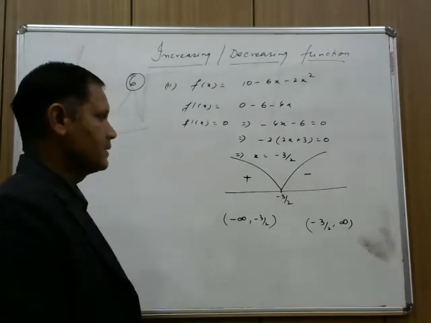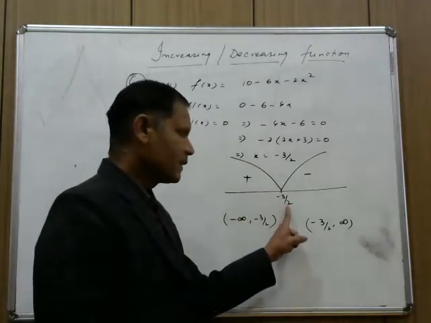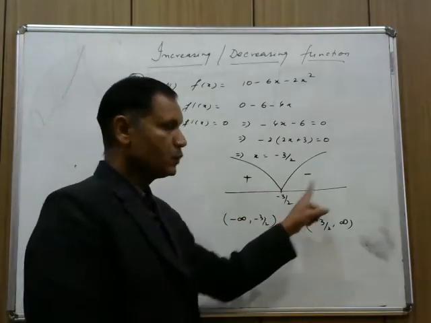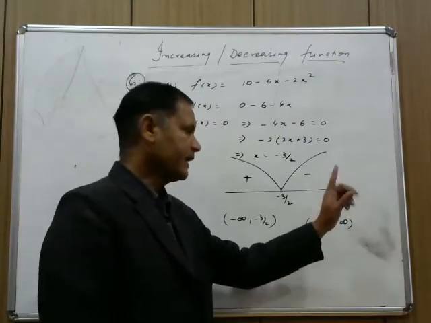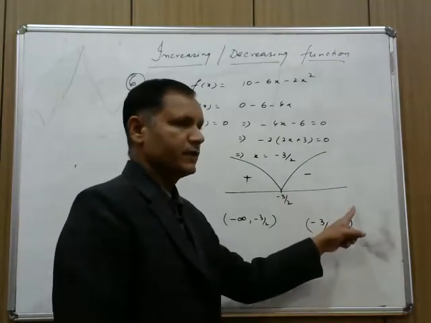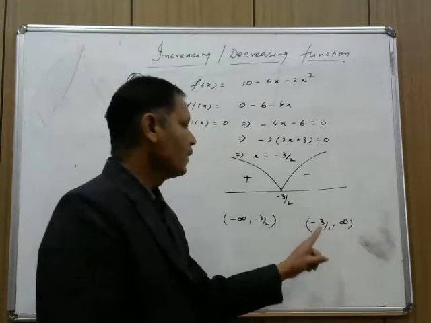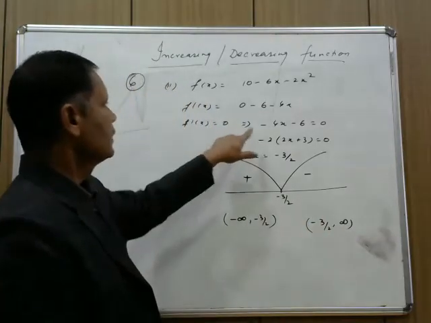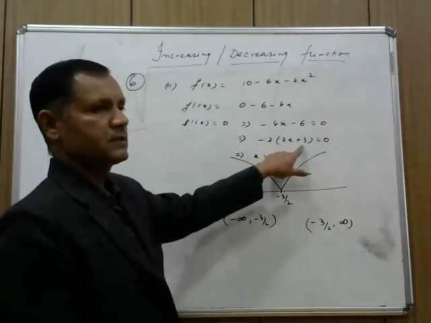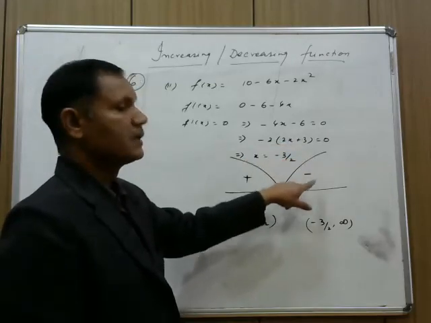Because if I take any number between minus 3 by 2 to infinity and put the value of that x into this function, minus 2 into 2x plus 3, this becomes negative.